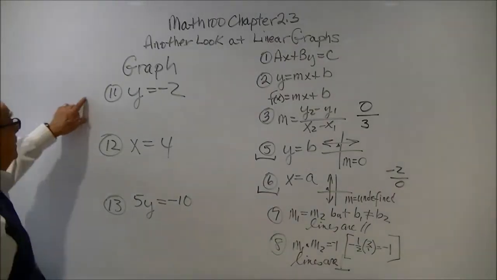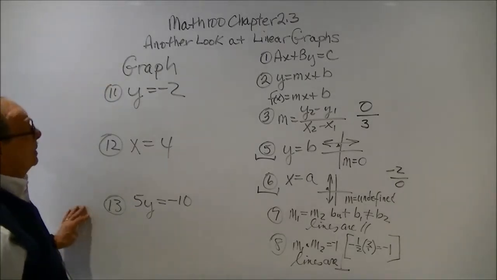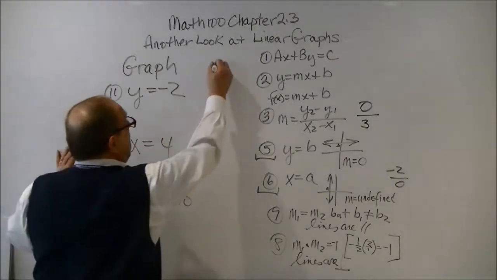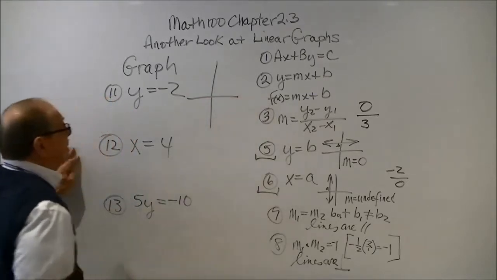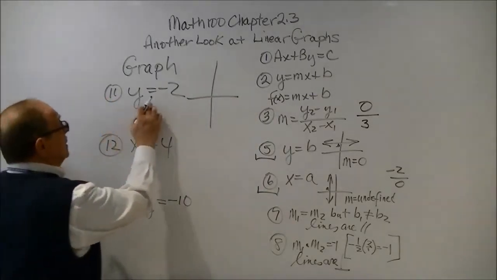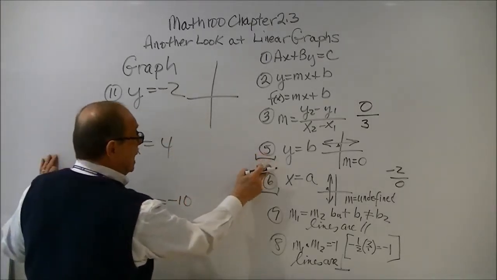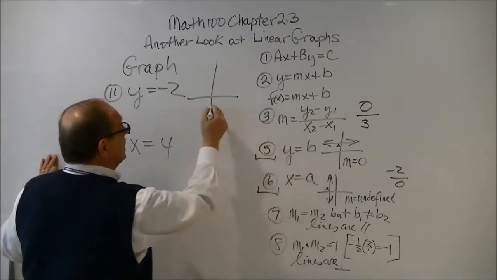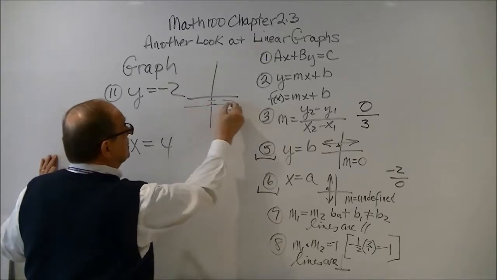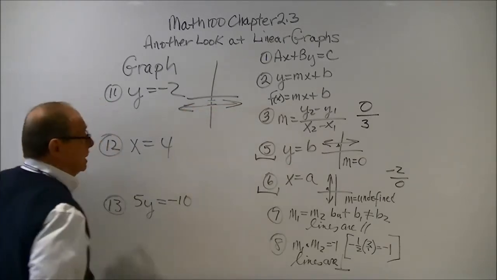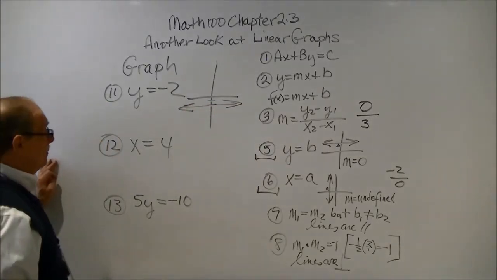Going on to number 11, here they're asking us to graph, and in your little booklets you do have graph paper. So y equals -2. This is formula 5, horizontal line through -2, and that's the graph.